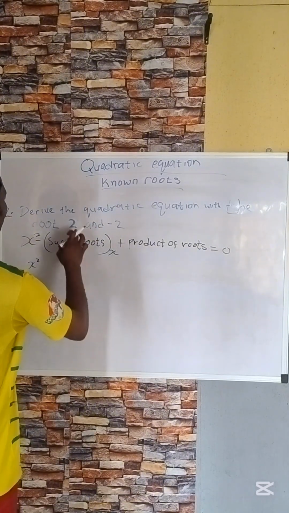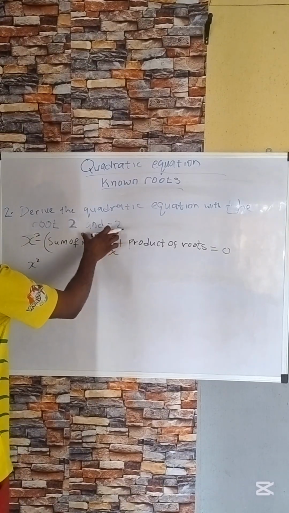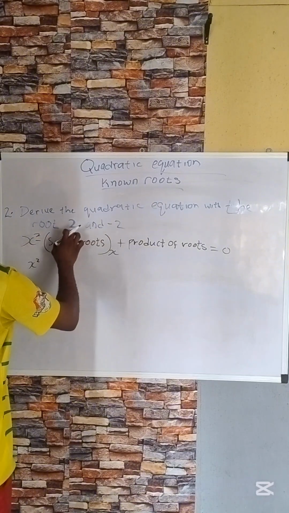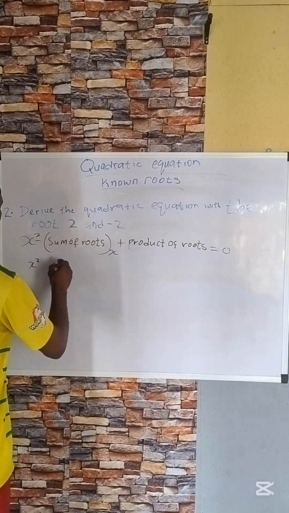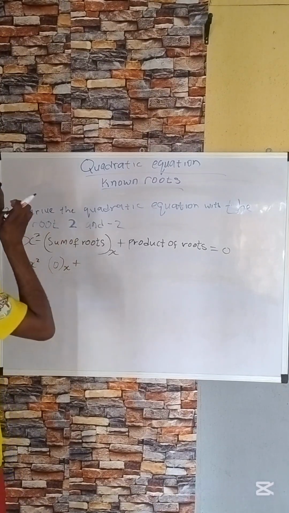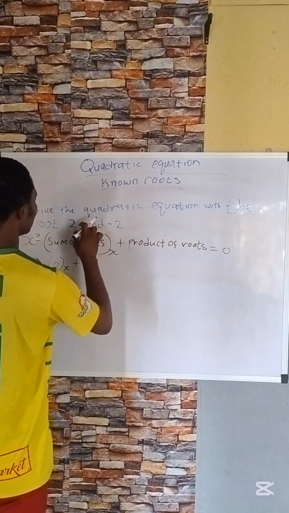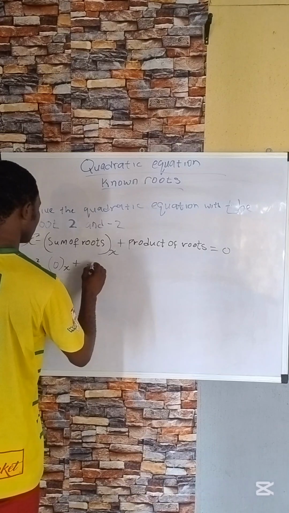Now, what is the sum of the roots? The roots are 2 and minus 2. The sum means adding these two roots together: 2 plus minus 2 equals 0, so we have 0x. What is the product of the roots? 2 multiplied by minus 2 gives us minus 4.